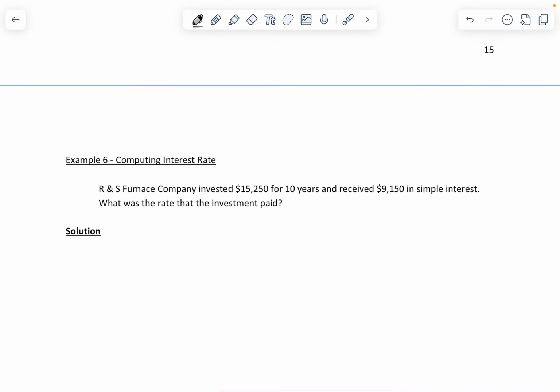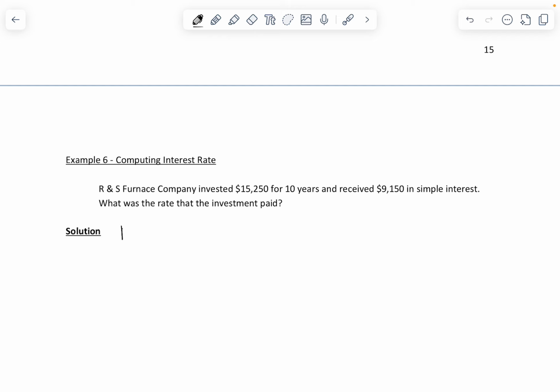Let's take a look at example 6 here. Computing the interest rate. It says R&S Furnace Company invested $15,250 for 10 years and received $9,150 in simple interest. What was the rate that the investment paid? So again, let's write down what we know.